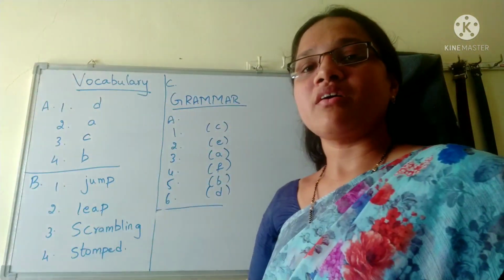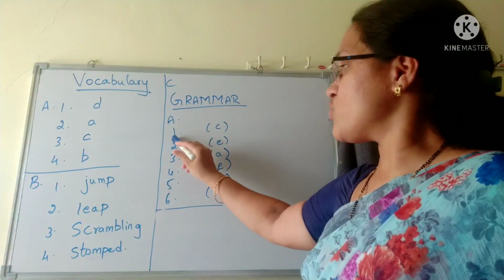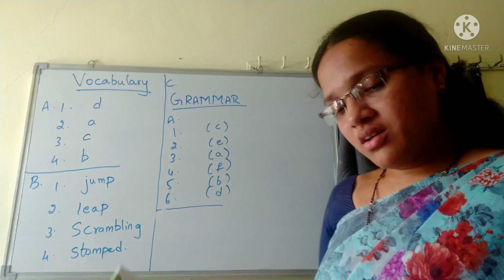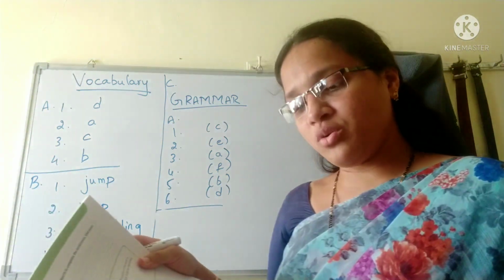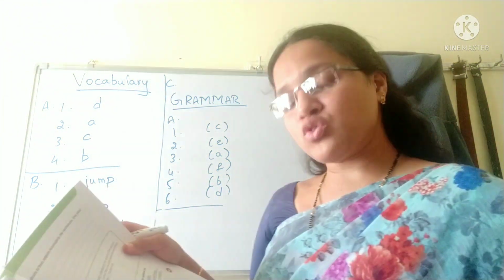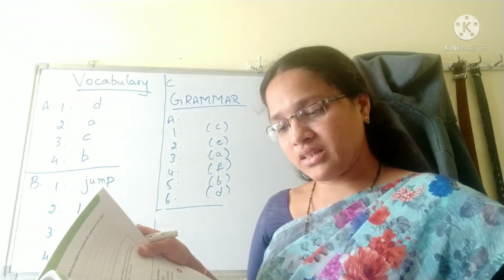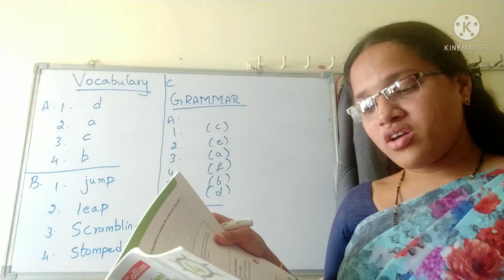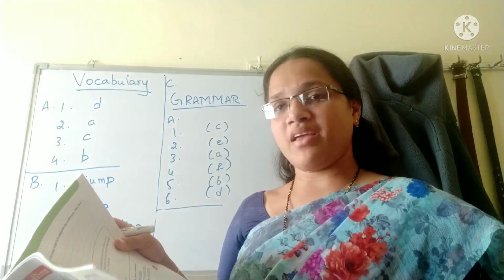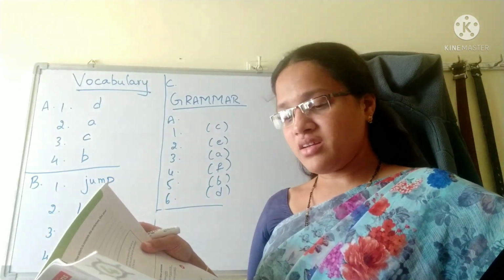So please write it down with a pencil. The first one, Mona: if you combine and read, you'll be able to know it. Mona loved to grow sunflowers. Second one, her brother was good at jumping. Yes, her brother was good at jumping.